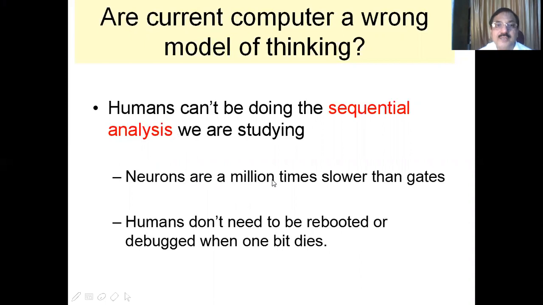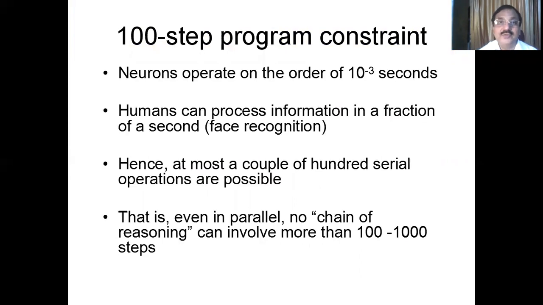Neurons are a million times slower than gates, but the connectivity is very fast. Humans do not need to be rebooted or debugged when one bit dies. So this is an advantage of the human brain in comparison to computers.